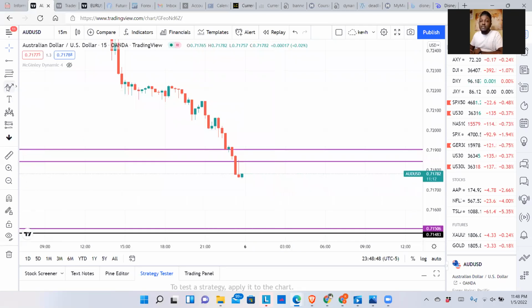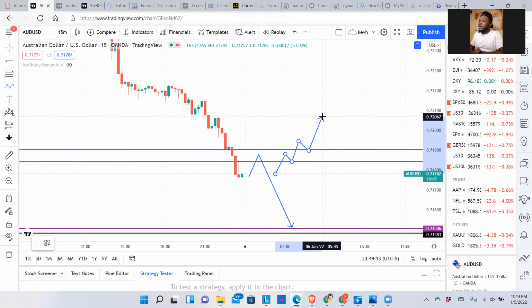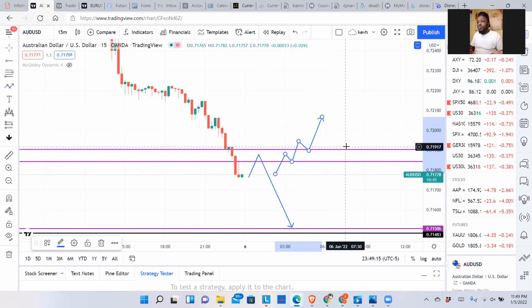What I want to see, the market come back here, get rejected, and then push down. In case something like this happens, market comes here, right? And then plays us. You know, the market can just decide to play us like that. Are you going to sell? Of course not.